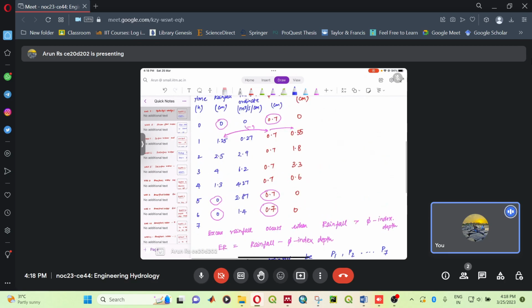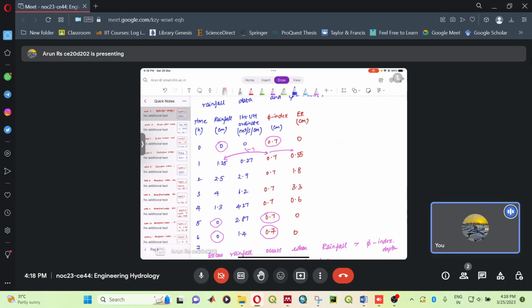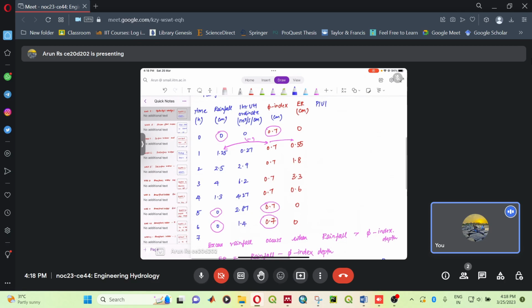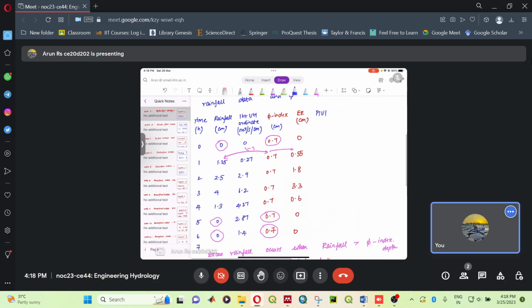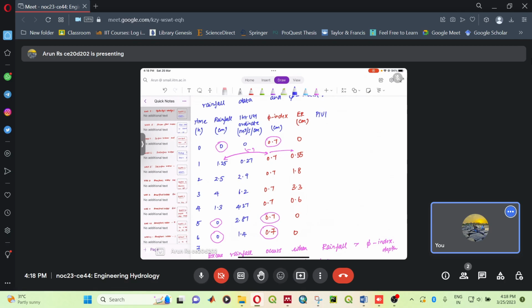But here we need to be careful because we have different rainfall events that start at different time intervals. So let's see what is the difficulty, what is the thing which you need to be very careful about in this question. So P1 U1, which means I am going to multiply the rainfall excess corresponding to the 0th hour with the unit hydrograph coordinate of the 0th hour.